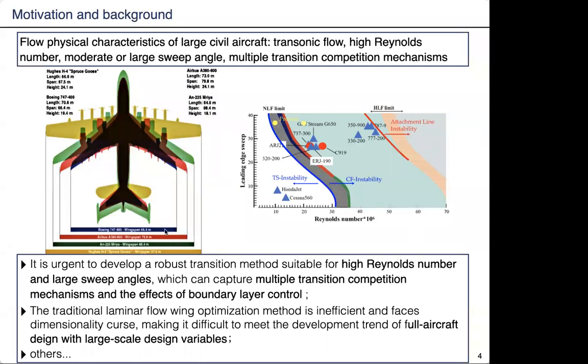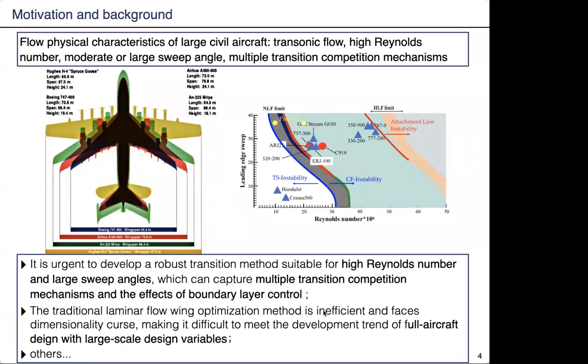I summarized 2 topics for the future laminar flow wing design. The first one is that before the design, we need to develop a robust transition method suitable for the high Reynolds number and the large sweep angle. As we may apply the hybrid laminar flow, we also need to capture the effect of the boundary layer suction.